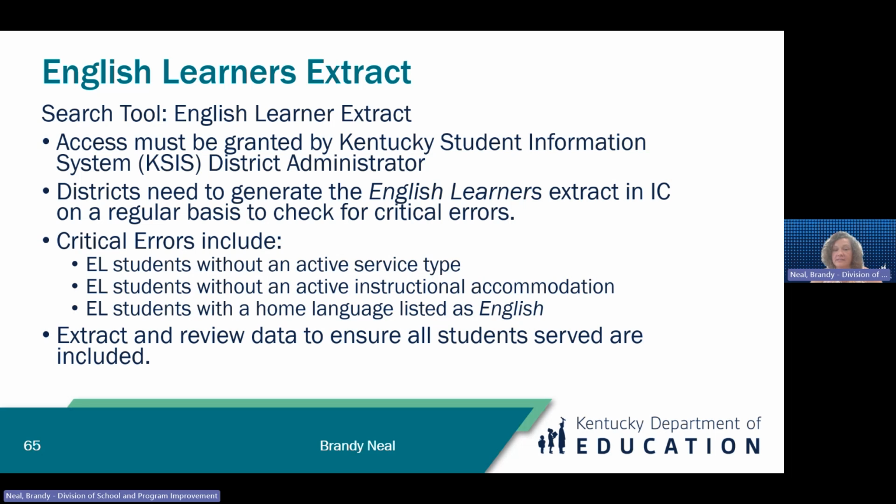To be an EL, it has to be anything other than English. Extract and review data to ensure all students served are included. It's also a good idea to have a policy in place for a routine check of the EL extract.